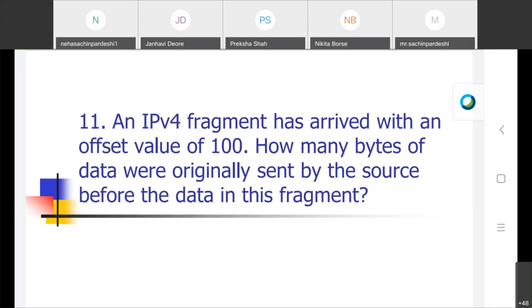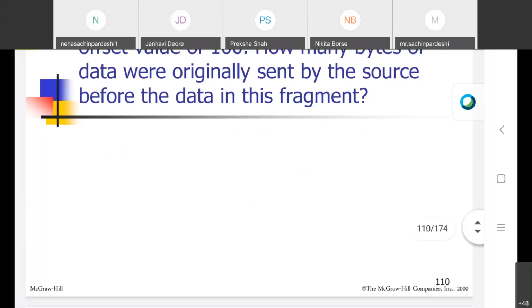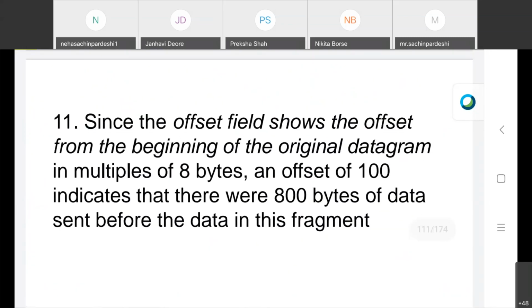So before 800, how many bytes were transmitted? 0 to 799, which means 800 bytes of data were sent before the data in this fragment. Because 100 multiplied by 8 is the first byte number of the datagram.